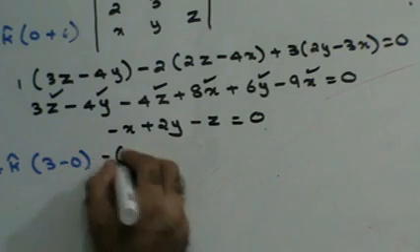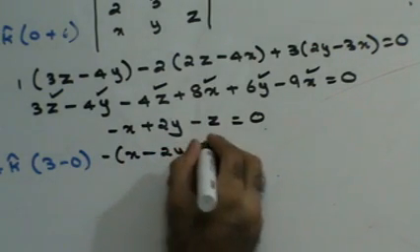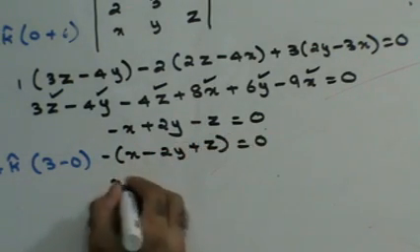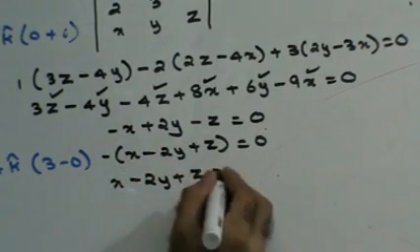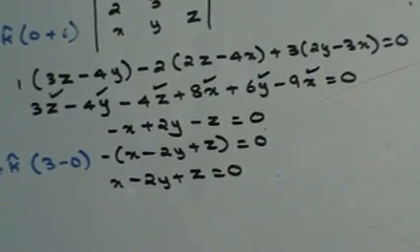Take the minus sign common, so I'll get x minus 2y plus z is 0. Take minus on the other side, I'll get x minus 2y plus z is 0, and that's what you have to do, right? Next, let's move on to the next one, guys.